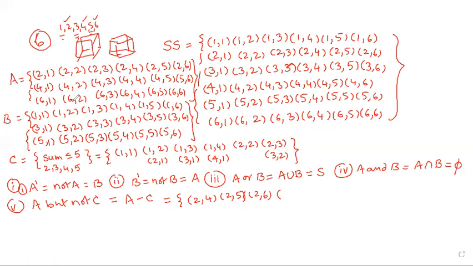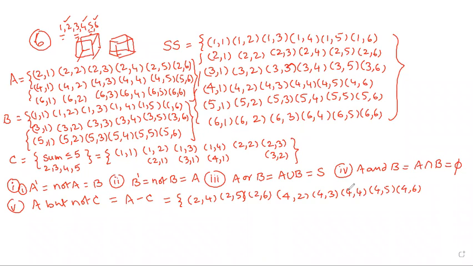Next, (4,1) cancel, (4,2) is remaining, (4,3) is remaining. Write down (4,1) cancel, (4,2), next (4,3), next (4,4), next (4,5), next (4,6).